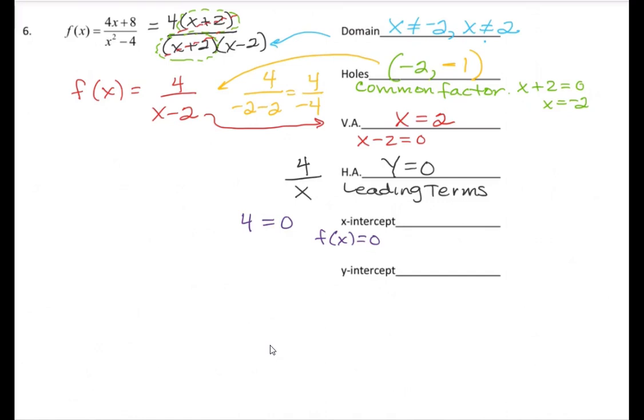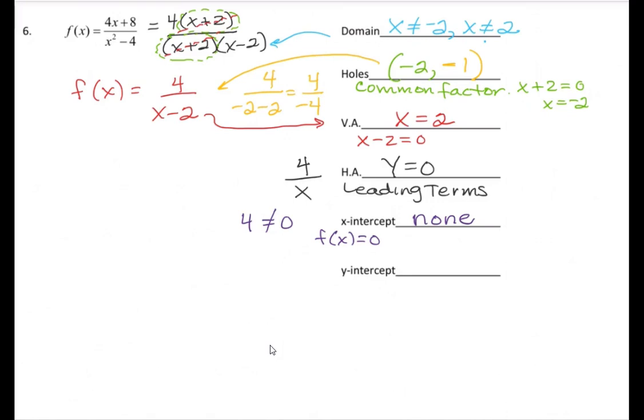Now, when I set that numerator equal to 0, I get a statement that doesn't make any sense. I get a statement that says 4 equals 0, and clearly that's not true. So if I can't find what I'm looking for, it means that what I'm looking for does not exist. So I do not have any x-intercepts on the graph of this function.